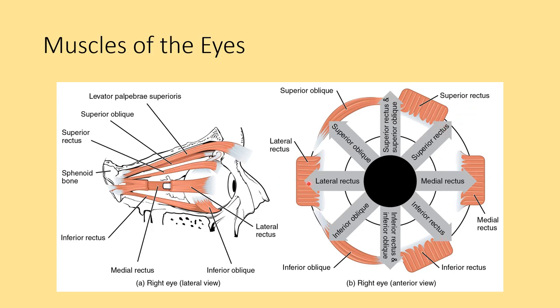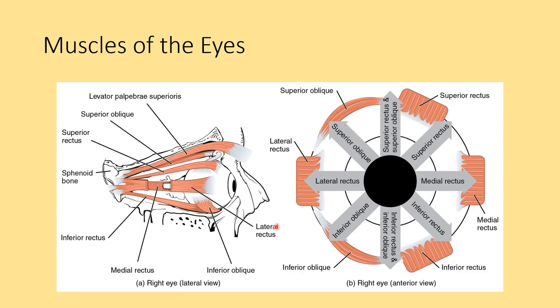There are 4 of them along here. The lateral and the medial, superior and inferior. That's going to help control the movements of the eye up and down, left and right. And then you have these 2 additional ones, inferior oblique and superior oblique, that also, all these are helping to have very fine-tuned movements of the eye.